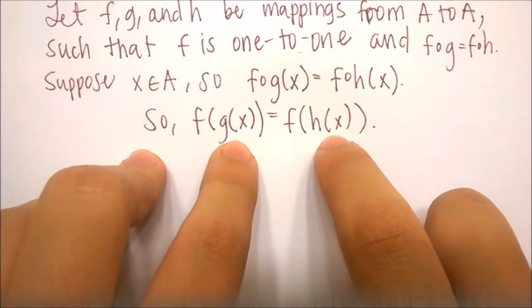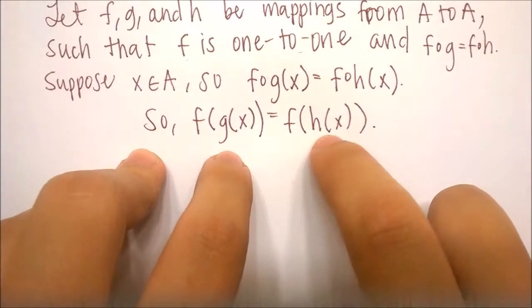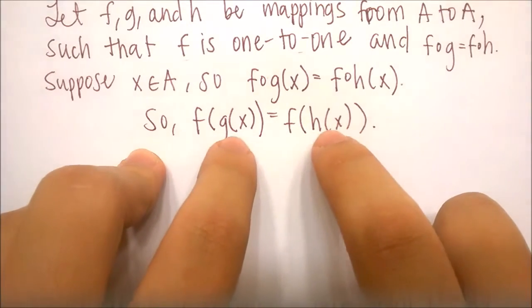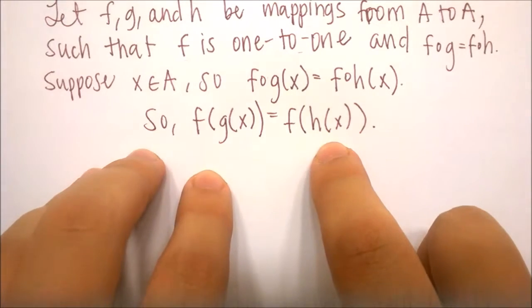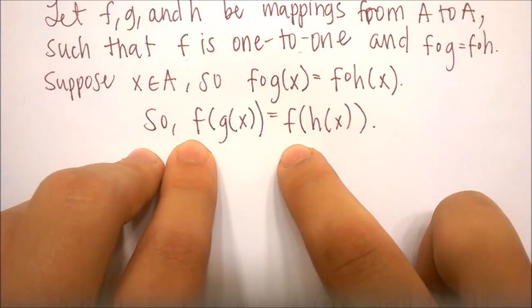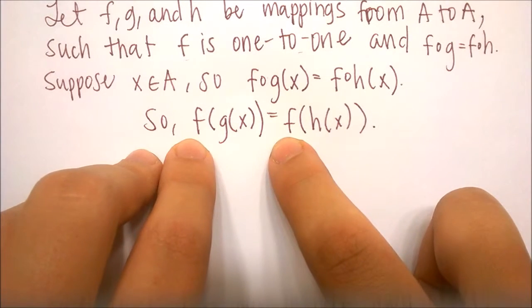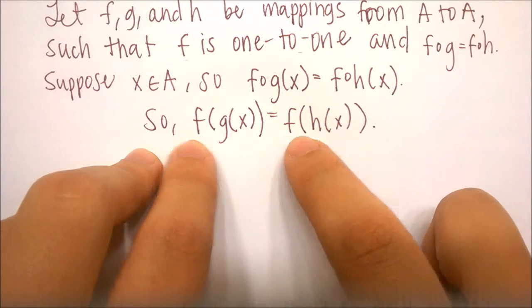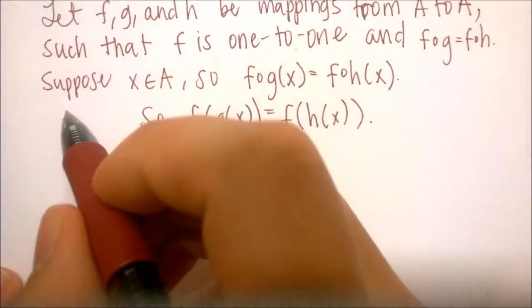But we know that if f of something equals f of something, to be 1 to 1, those somethings have to be equal. Because if they have the same image under f, then they have to have the same inputs. For f to be 1 to 1, the inputs must be the same. So from here, this is pretty easy.